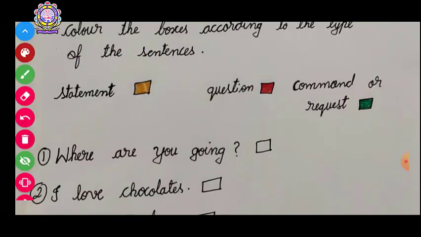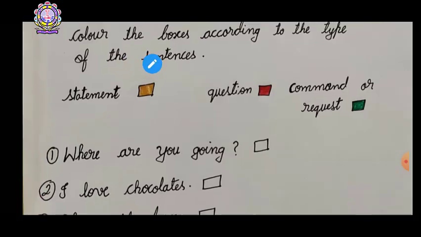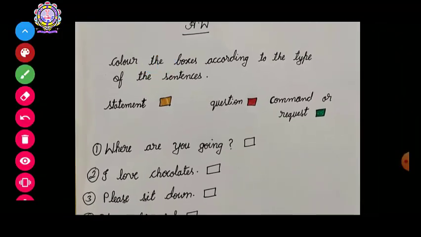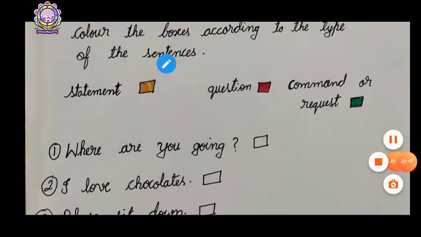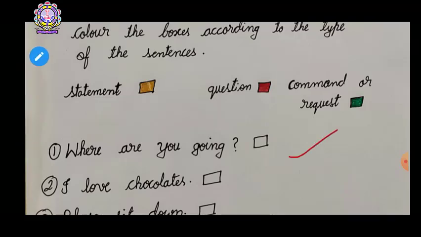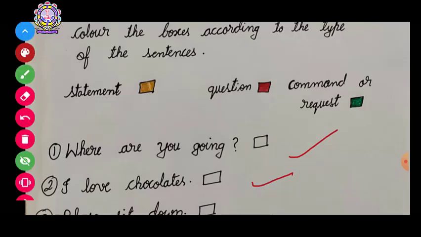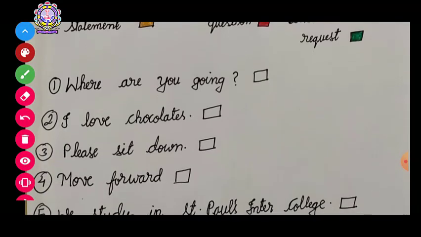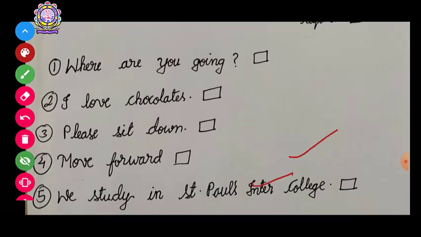No, it's not clear, I think. Wait, you can take the screenshot of this. So, where are you going? First sentence. You can take the screenshot. I love chocolates. Second sentence. Please sit down.